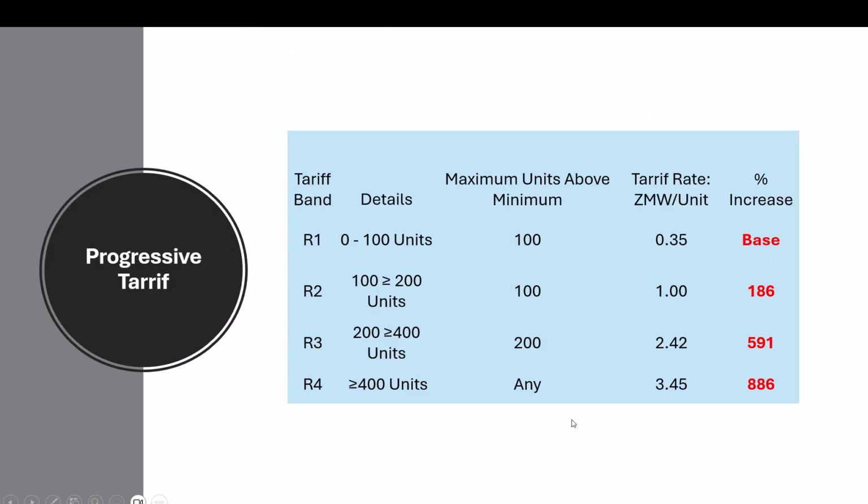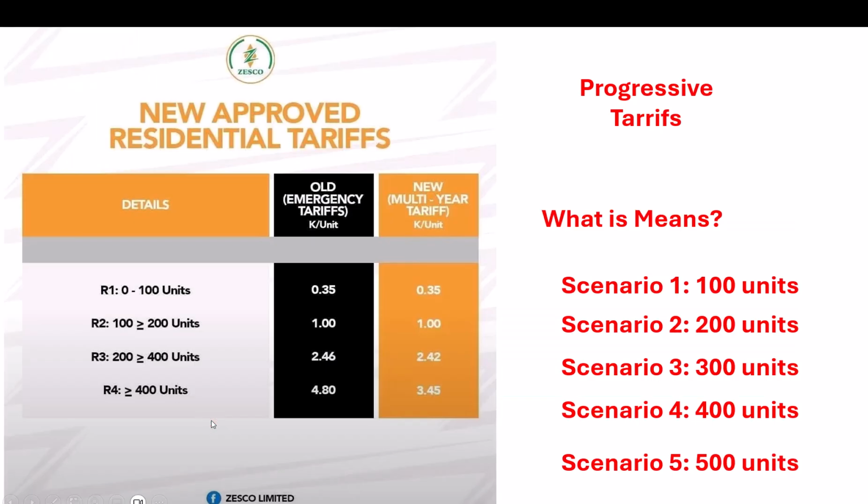We also looked at when we compare from the base to the other progression in the bands, like from R1, which is our base, to R2, from R1 to R3, and from R1 to R4, which gives you progressive increments of 186%, 591%, and 886%.